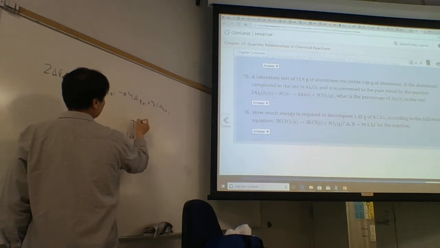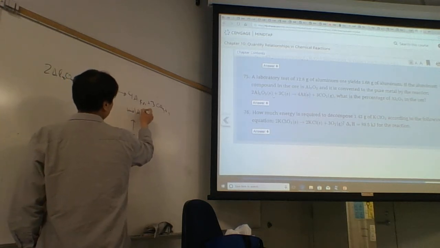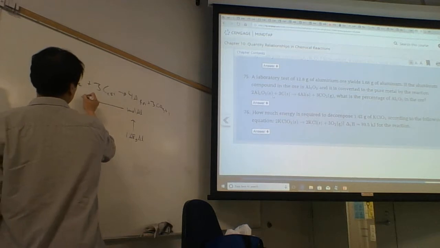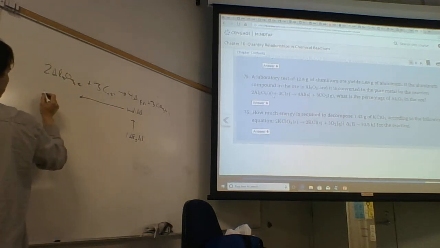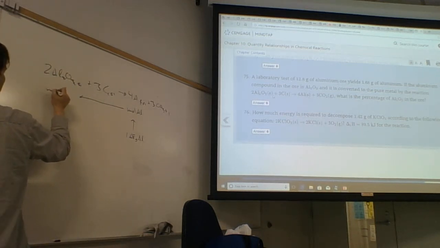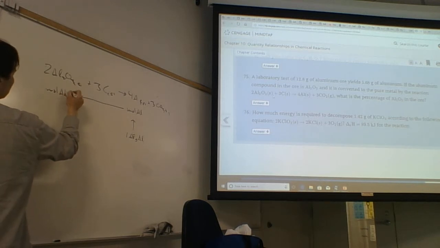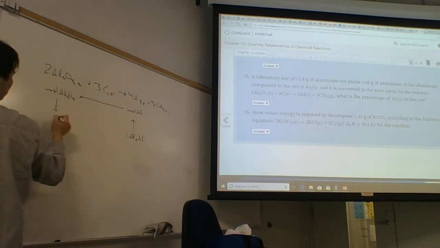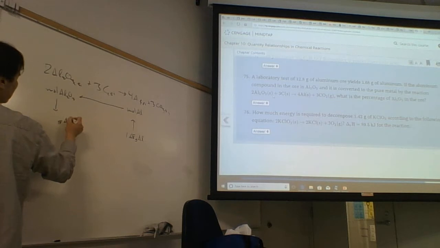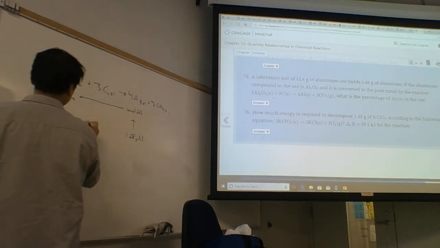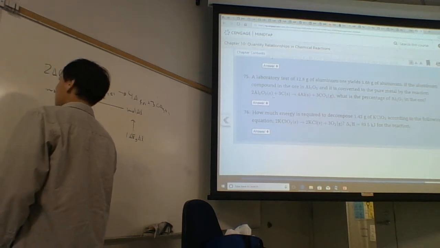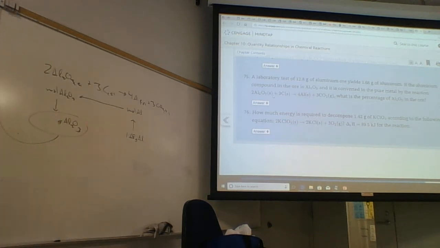From grams of aluminum, we could go to moles of aluminum. And then from moles of aluminum, we could figure out how many moles of aluminum oxide that must have come from. And then from moles of aluminum oxide, we'll get grams of aluminum oxide. And this grams of aluminum oxide is what we need to plug in here to figure it out.